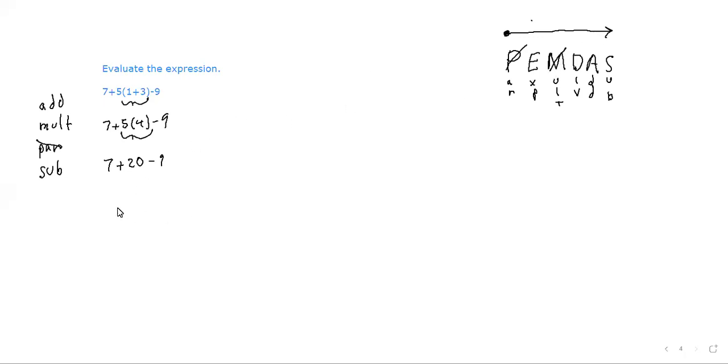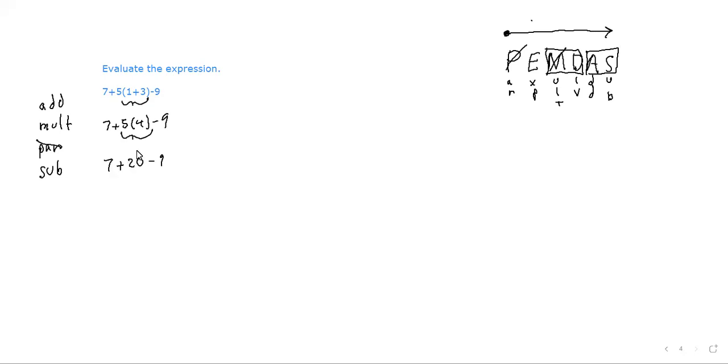The next thing we have to take care of is either addition or subtraction, because these two are either-or when you get to them, and multiplication and division are also either-or. What determines which of these two you do when you get to them is the order in which you read them from left to right in your question.